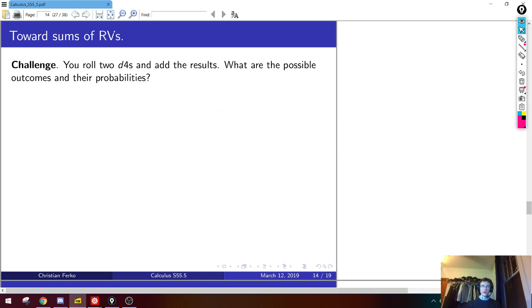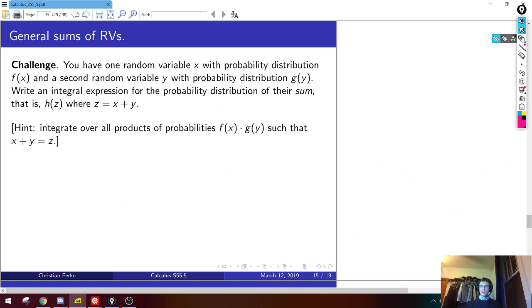So now I'll give you a harder problem. Now these are continuous, so it's not just dice rolls, these are functions with integrals. You have one random variable x, whose PDF is f of x, and a second random variable y, whose PDF is g of y. And I ask you, can you write down an integral expression for the probability distribution of their sum?